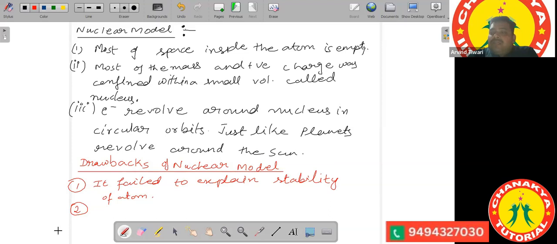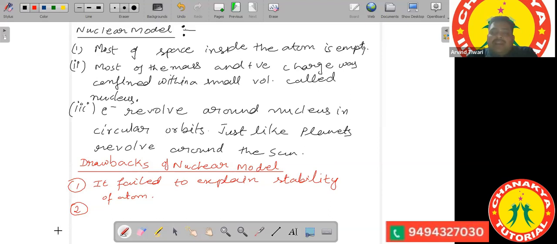See, there were points of difference between the planets' motion and the motion of electrons. The planets are not charged objects. Planets do not carry any charge. So planets are uncharged objects, whereas electrons are charged objects.